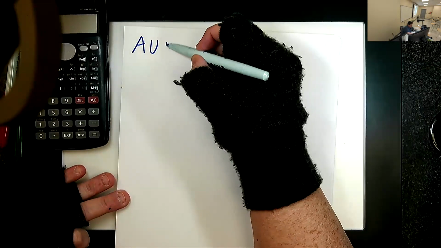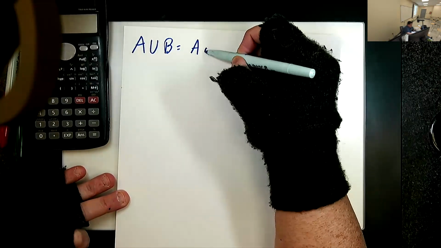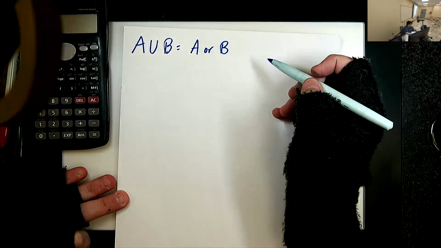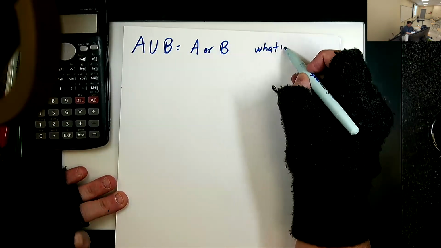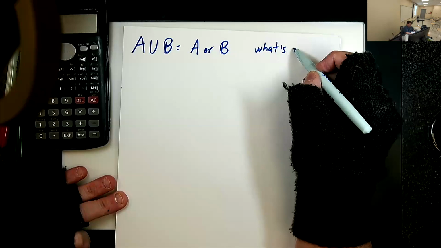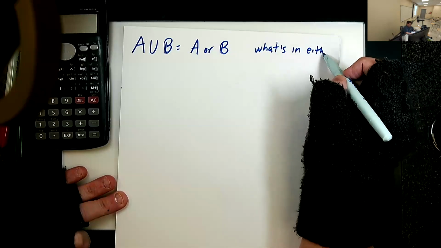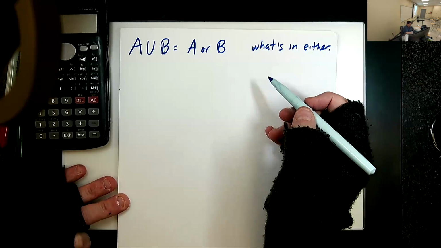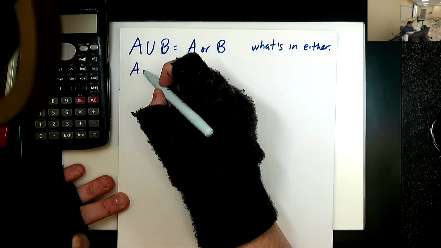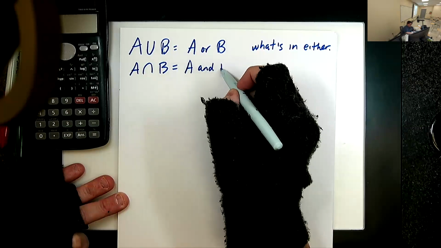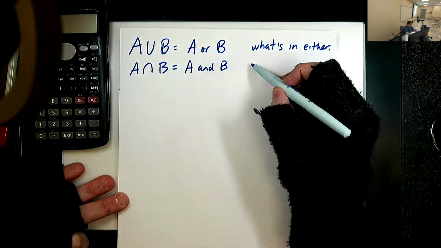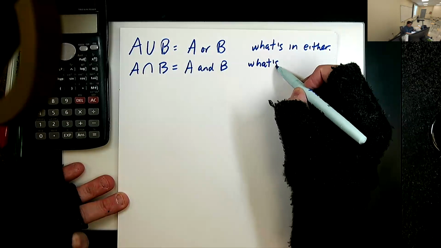A union B is A or B. So it's what's in either. A intersect B is A and B, and it needs to be in both. What's in both sets?